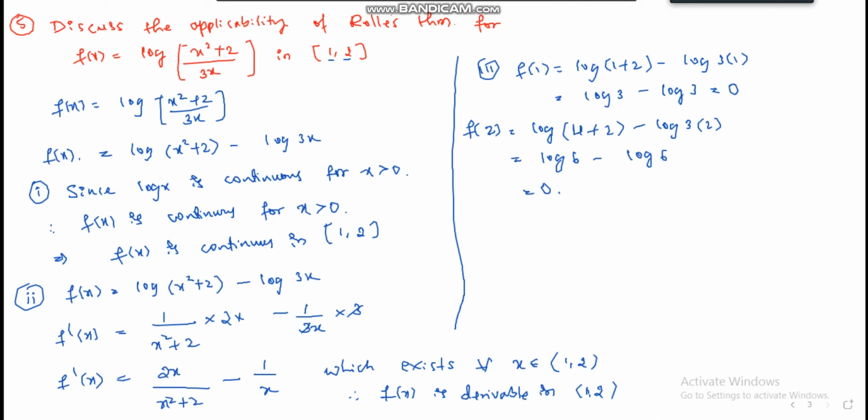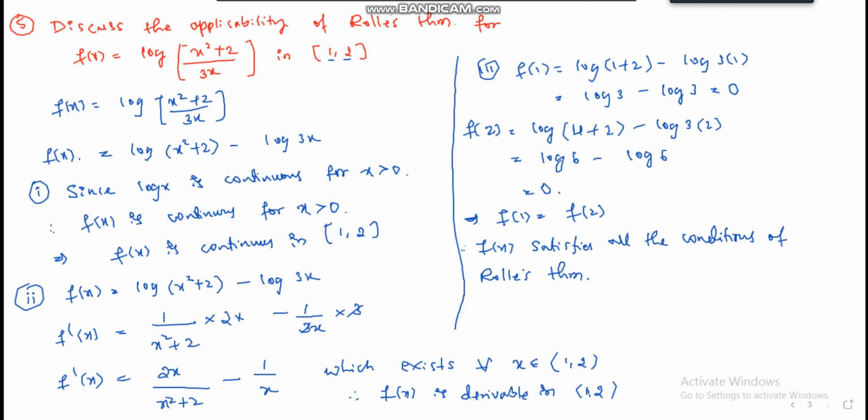Therefore f of 1 is equal to f of 2, therefore f of x satisfies all the conditions of Rolle's theorem.